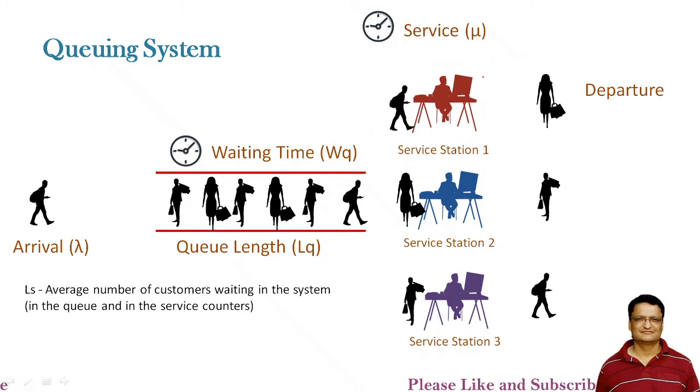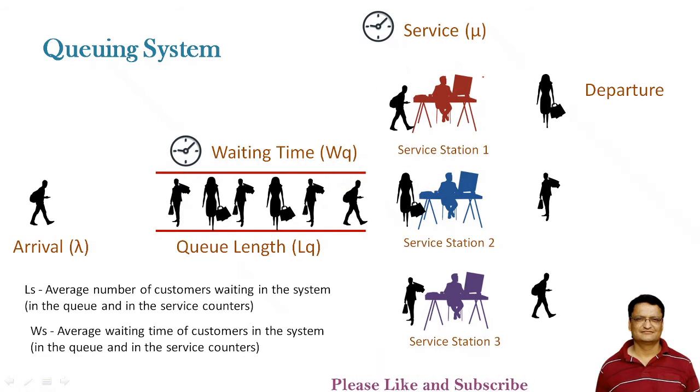Similarly, the total time spent by the customer in a system is more than the time they spend in a queue. So a customer waits some time in queue plus some time in getting the service, and that is equal to the total average time the customer spends in a system.